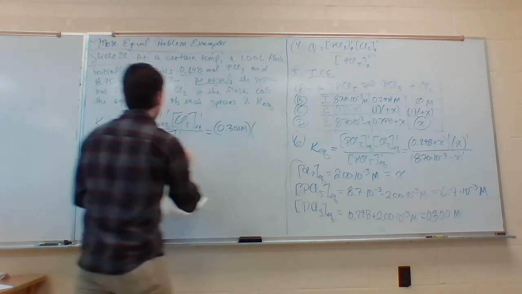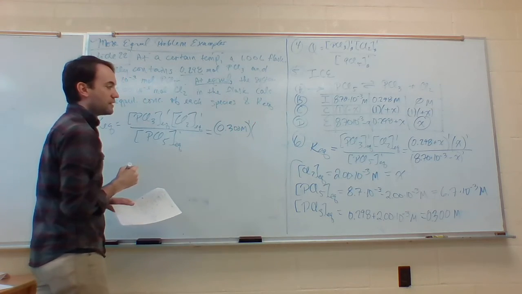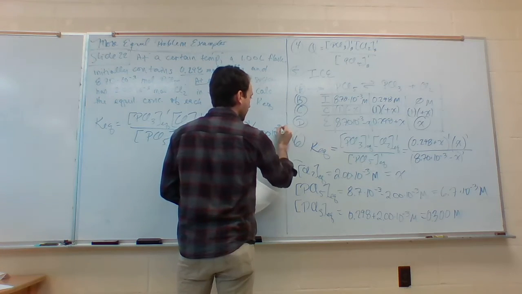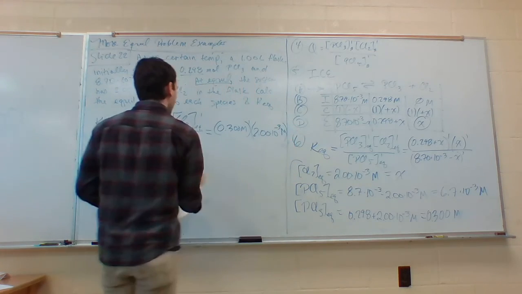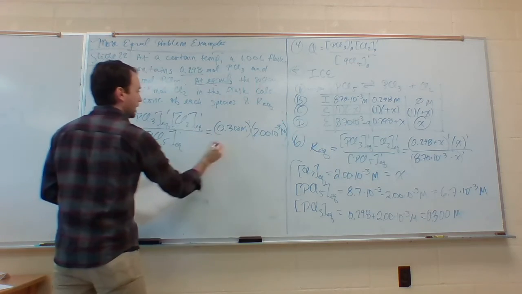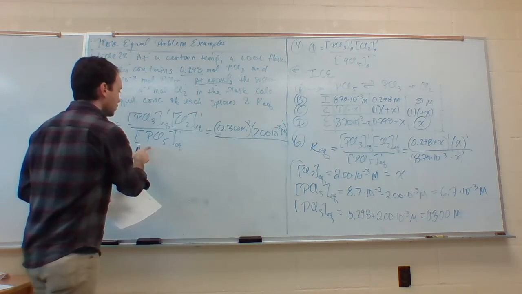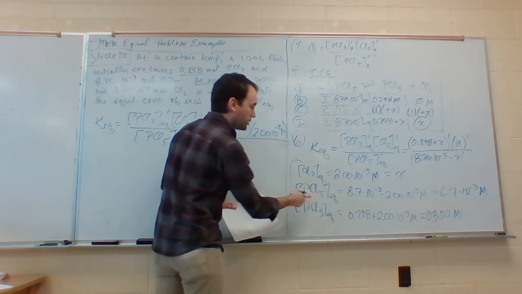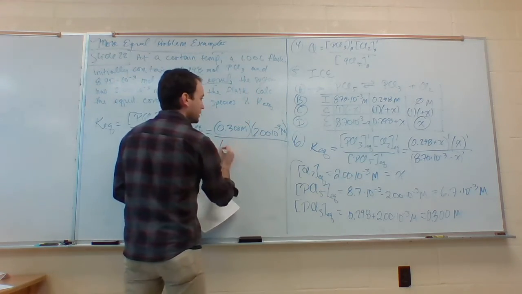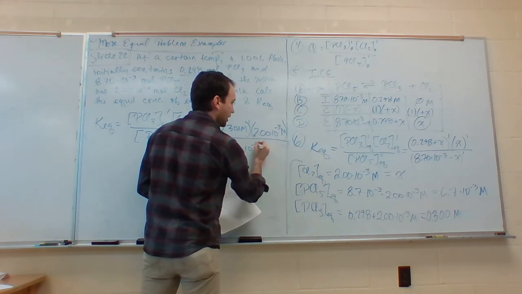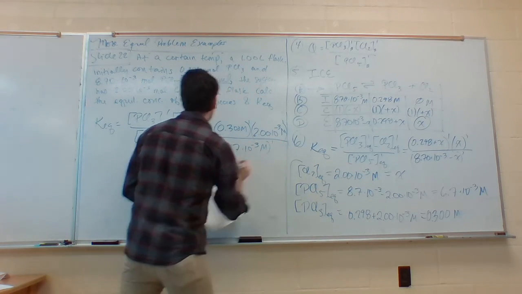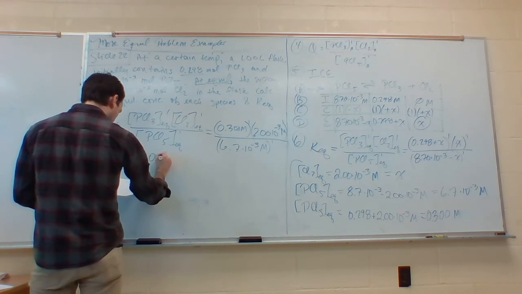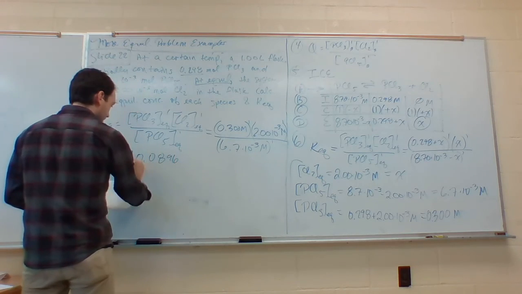All right, so then I plug in my concentration of PCl3 at equilibrium, which was 0.300 molar, to the first. I've got my concentration of Cl2, which was 2.00 times 10 to the negative third molar, to the first. And then I divide that by my concentration of PCl5 at equilibrium, 6.7 times 10 to the negative third molar to the first, which means that my KEQ is equal to 0.0896.